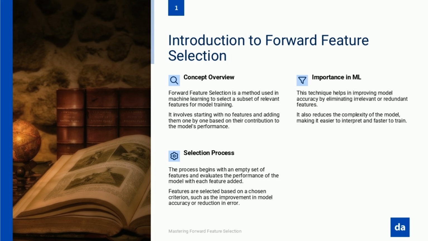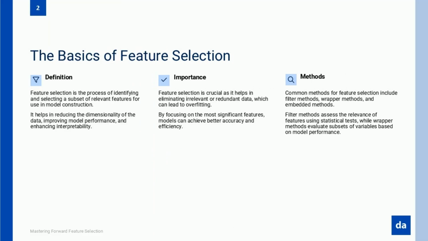Plus, we'll bust some myths, avoid common mistakes, and even look at real-world applications that prove why this method is a game changer. By the time we're done, you'll not only understand forward feature selection, you'll know how to use it to make your models better, faster, and more reliable. Ready to master this skill? Let's get into it.